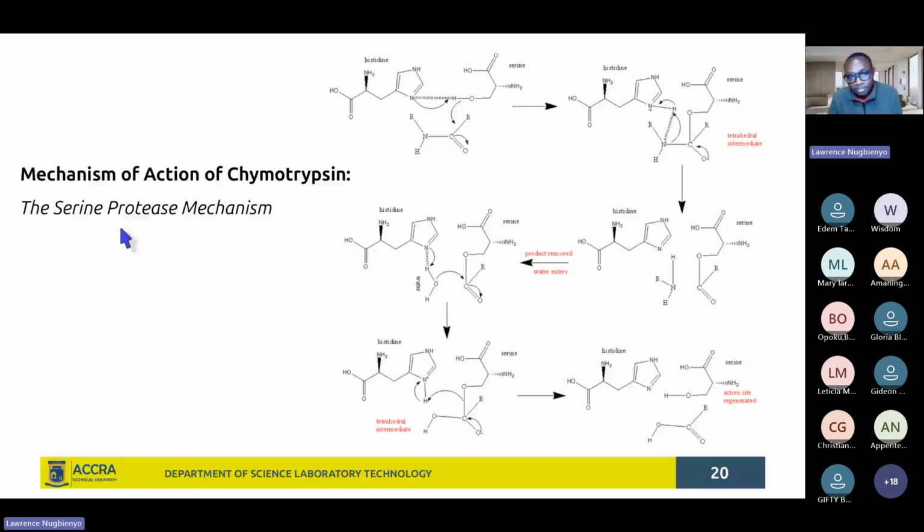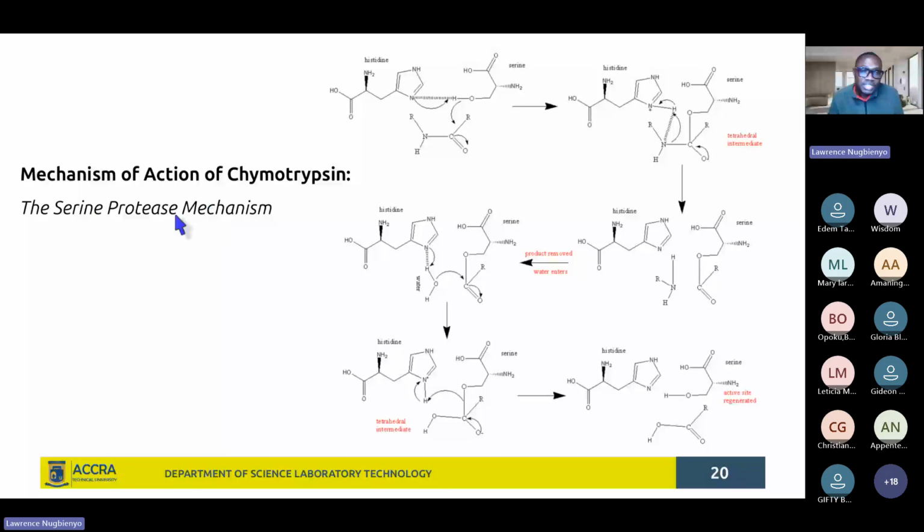So when an enzyme is inactive and is to be activated from serine, a hydrogen from the side chain, that hydroxyl group, OH group on serine, is given out, which is referred to as a proton transfer. You will see that in many enzymes, and those enzymes are classified as serine proteases.